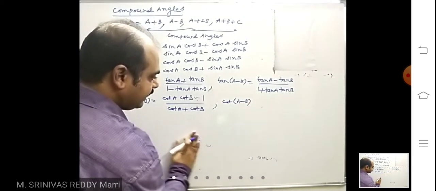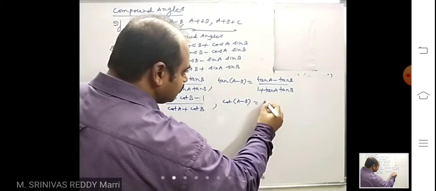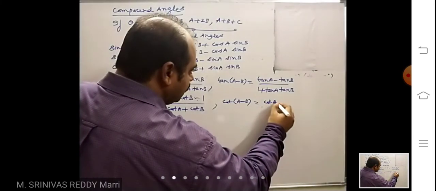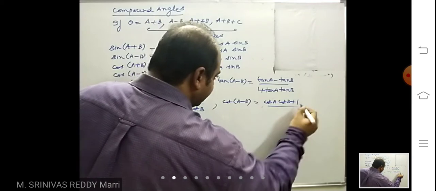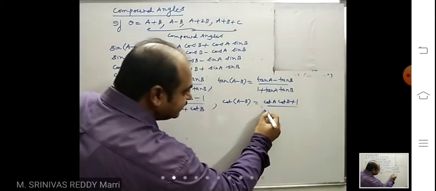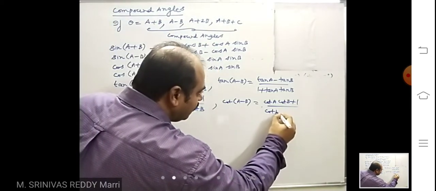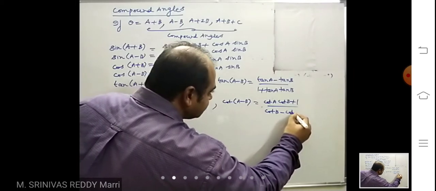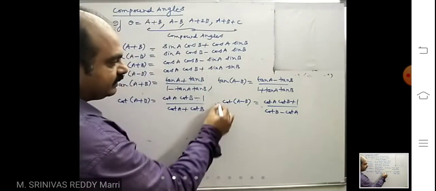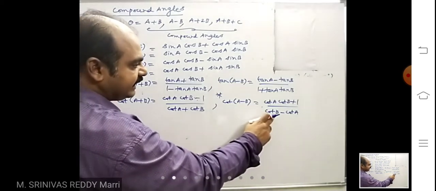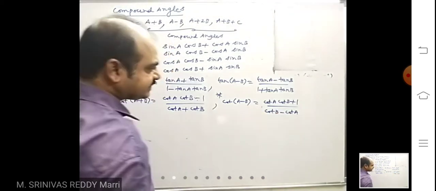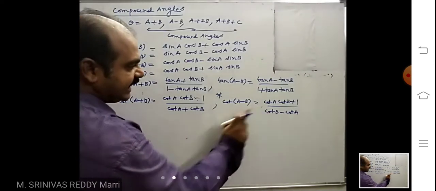Cot of A minus B, look at, is cot A cot B plus 1 divided by, in the denominator, cot B minus cot A. Remember, here you will make a mistake. If it is A, B, here you will get first B, then minus cot A. That means the second angle you have to write first.